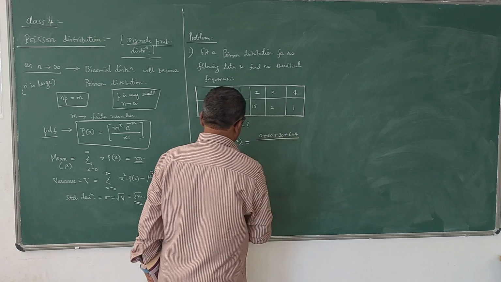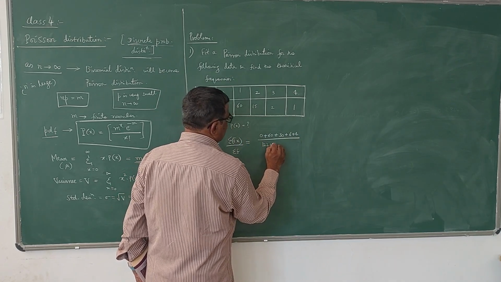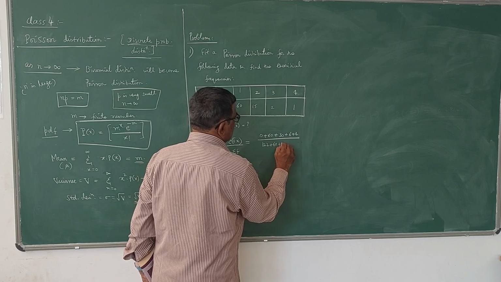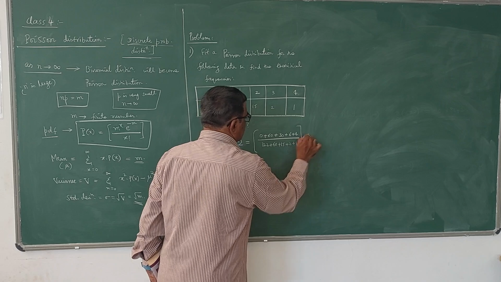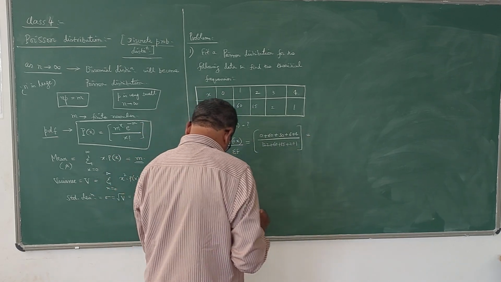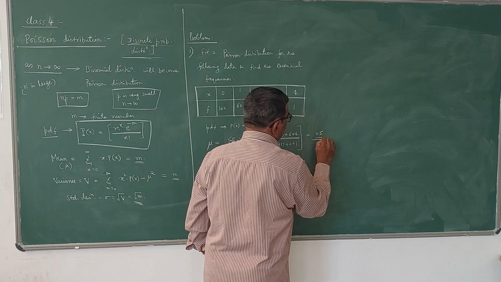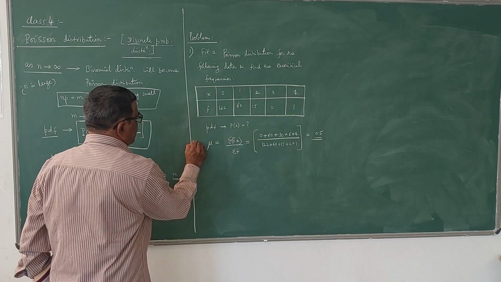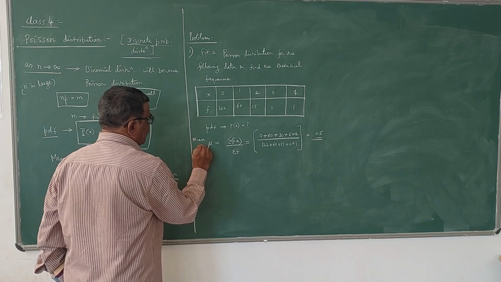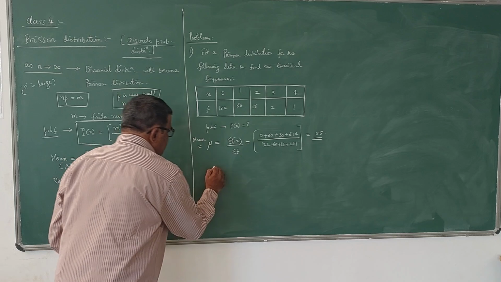This is sigma fx, divided by sigma f, which is the sum of all these: 122 plus 60 plus 15 plus 2 plus 1. If you simplify this, you will get 0.5. 0.5 is the mean mu value. Now we know that mu is equal to m.